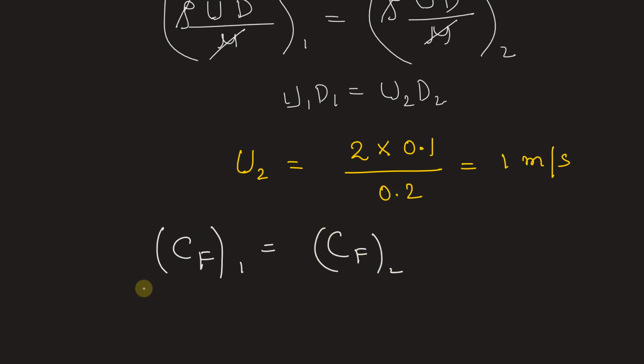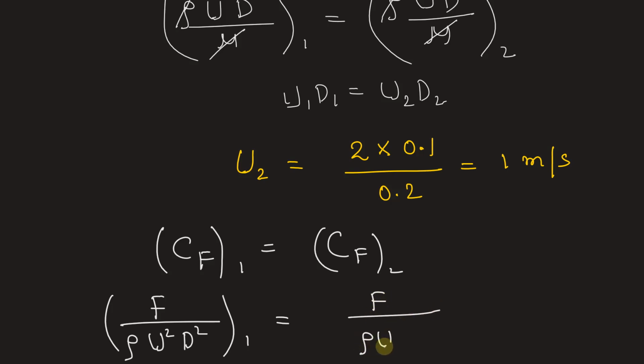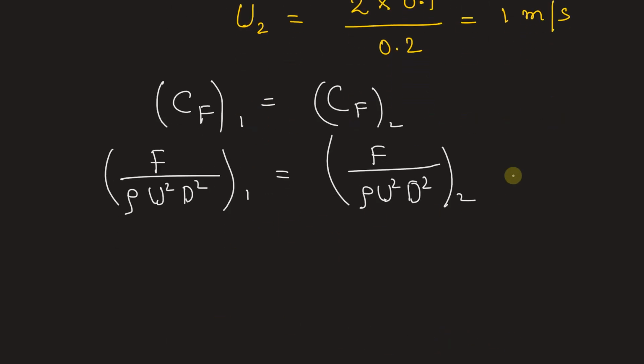And the expression of drag coefficient is given as F upon rho u square into d square of sphere 1 should be equal to F upon rho u square into d square over sphere 2. Now we have already established that rho 1 is equal to rho 2 because the fluid is not changing.